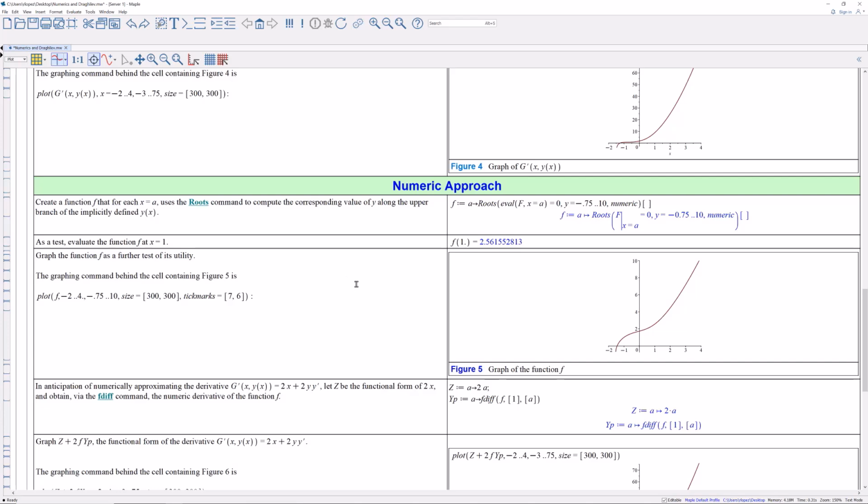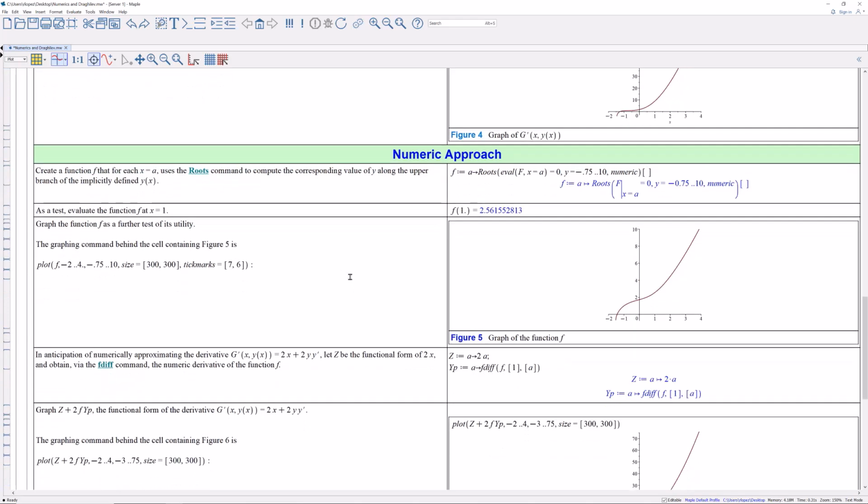Well, I checked it. That's the right number using the exact expression. And so I said, okay, can I graph this thing? So here is where I'm drawing a graph. Here's the plot command, and I get a graph that represents the upper branch. So I figured, okay, so far I've got a simple expression for finding y numerically, and it works.